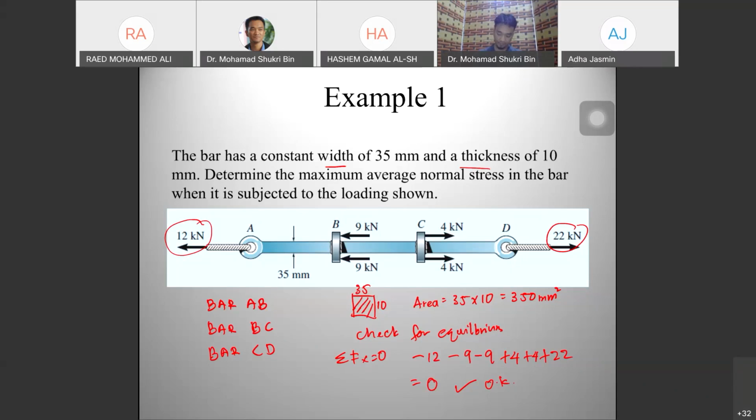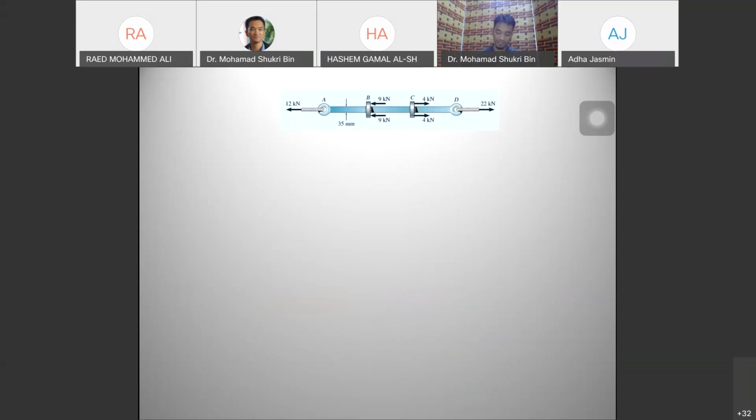So find the force for each bar. Let's say for bar AB. We have it like this.